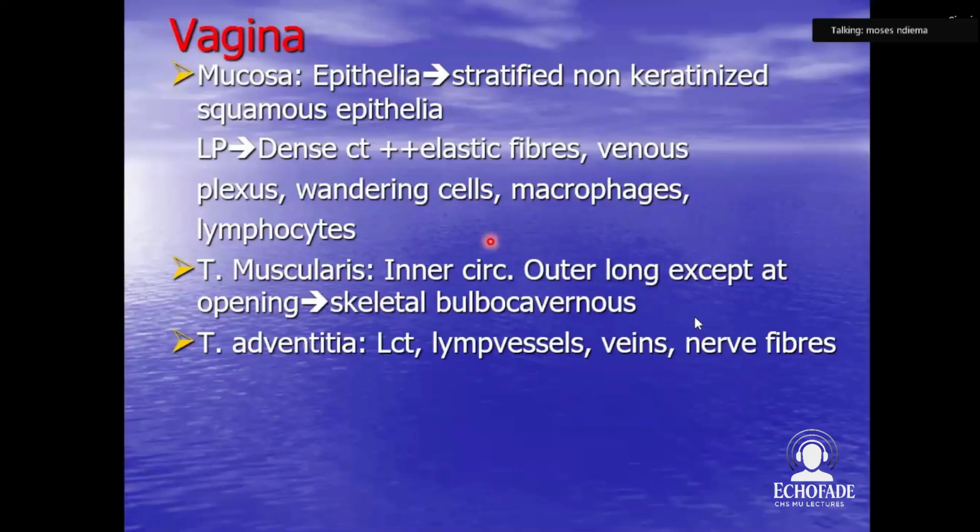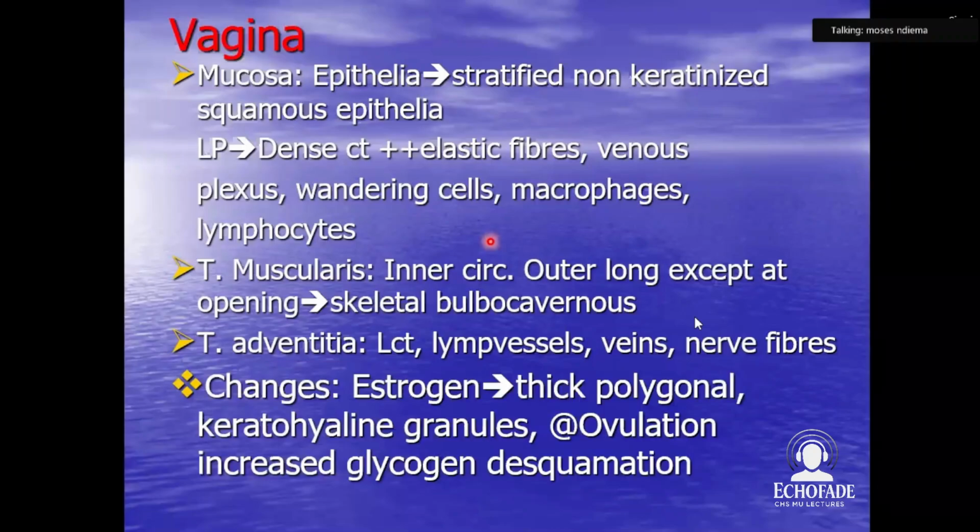And the outermost layer is the tunica adventitia, consisting of loose connective tissue. This is where the blood vessels, lymph, and nerves enter.